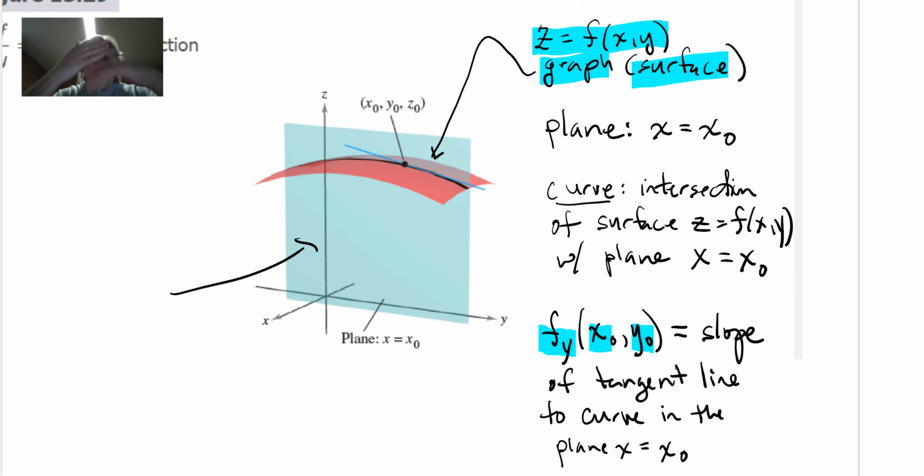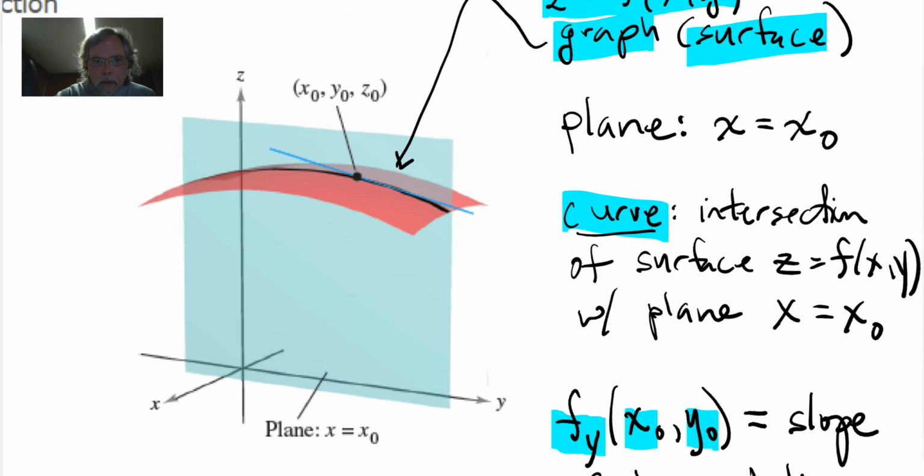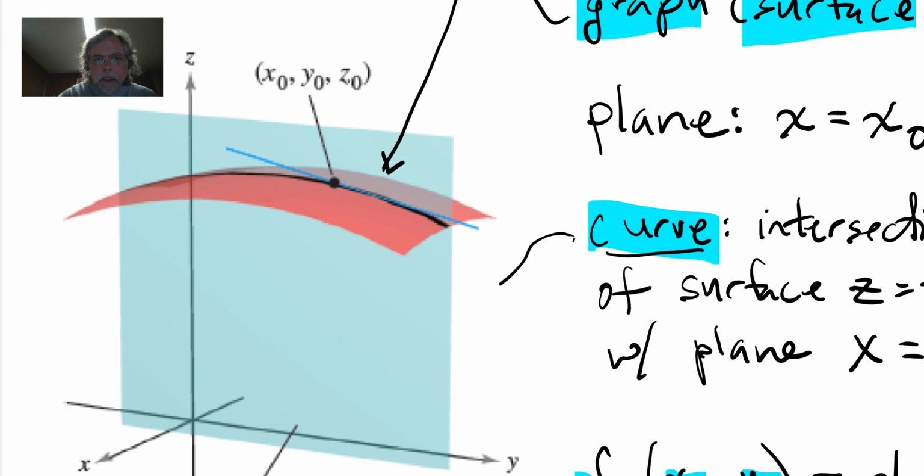And that intersection is the curve done in black in this diagram. And the tangent line, which is in blue, the tangent line through the point x0, y0, z0 to that curve within the plane x equals x0, has a slope.